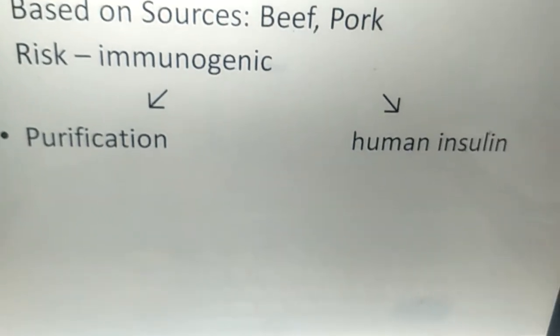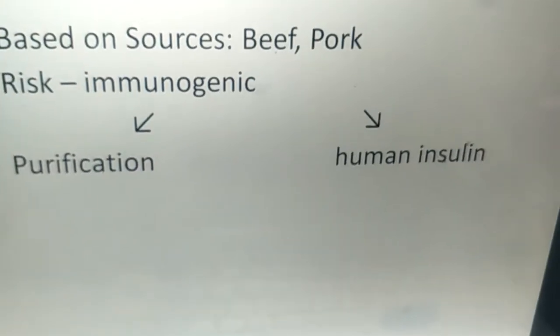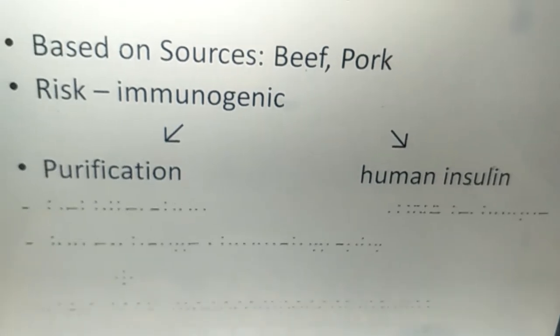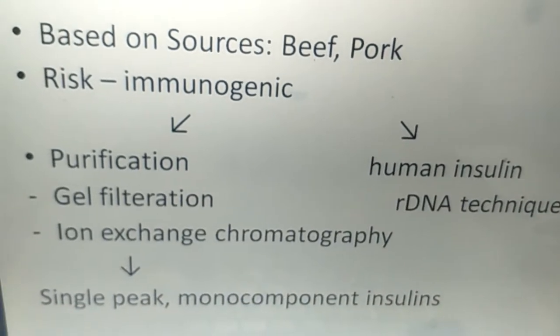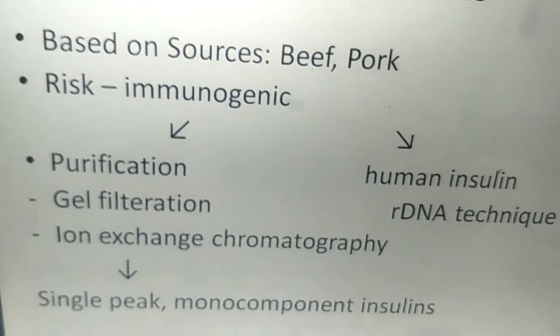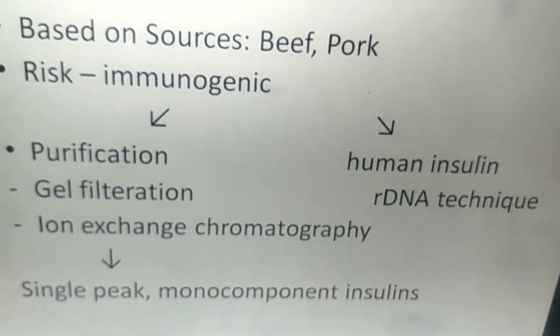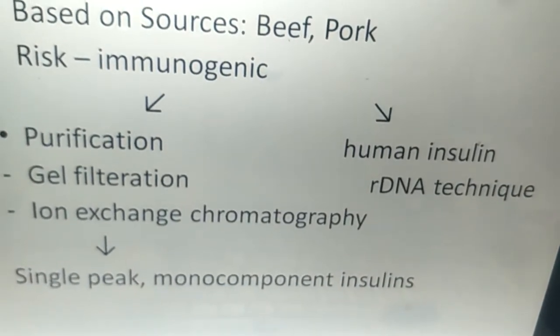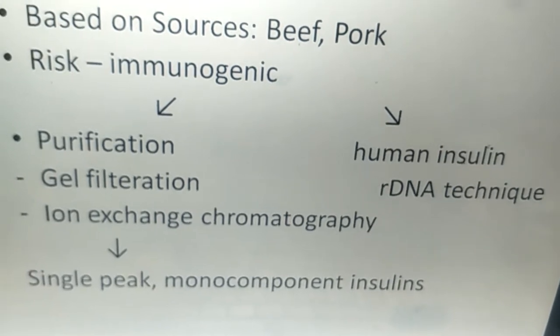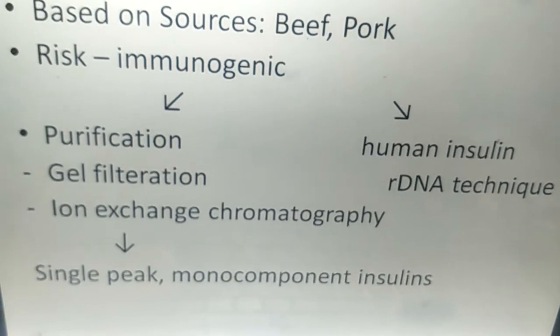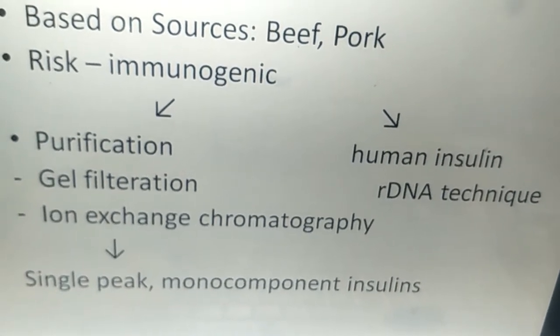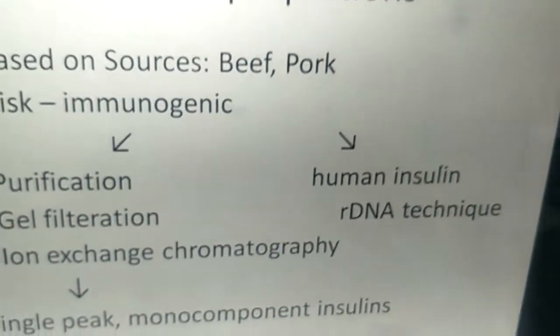Purification of the bovine or porcine insulin or preparation of human insulins. Purification techniques used are gel filtration and ion exchange chromatography to get the insulins which are known as single peak monocomponent insulins.